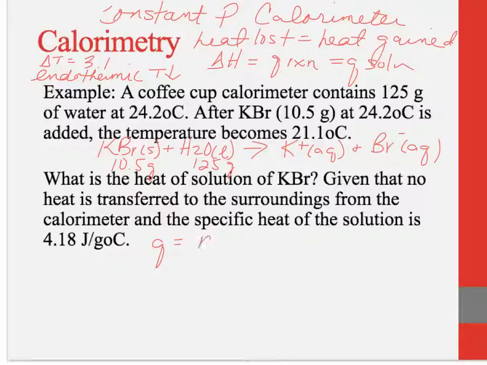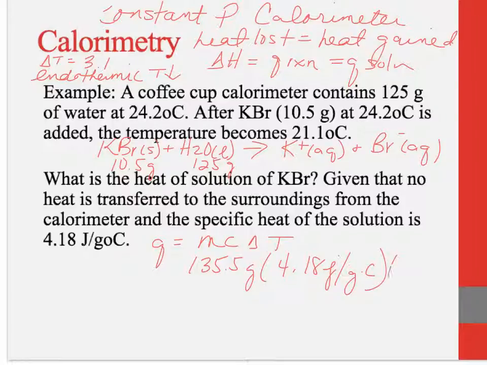Q equals MC delta T. We know that our mass of our solution is the 125 plus the 10.5 dissolved in it, so 135.5 grams times the specific heat capacity of water and the change in temperature. So our Celsius cancels, grams cancel, and we are left with 1,800 joules of energy.